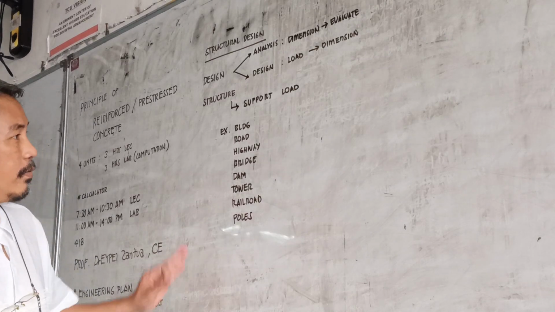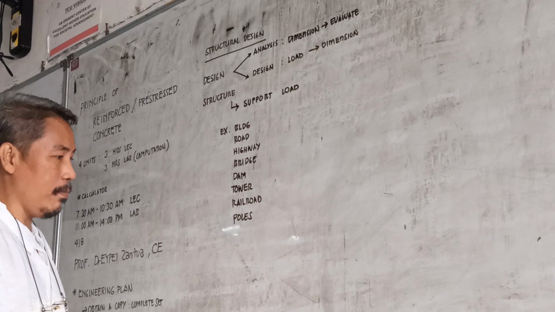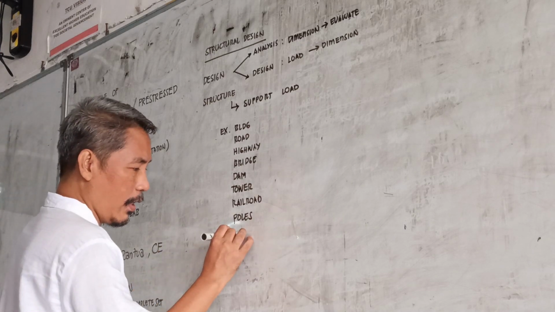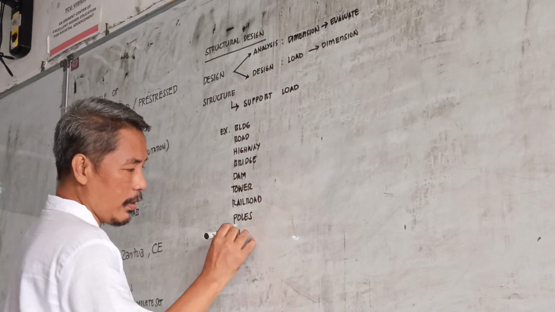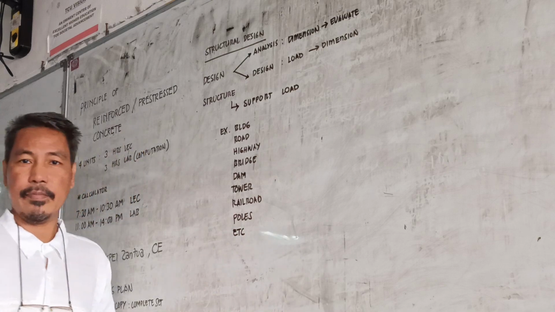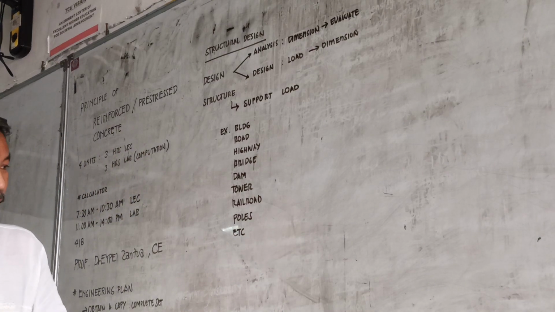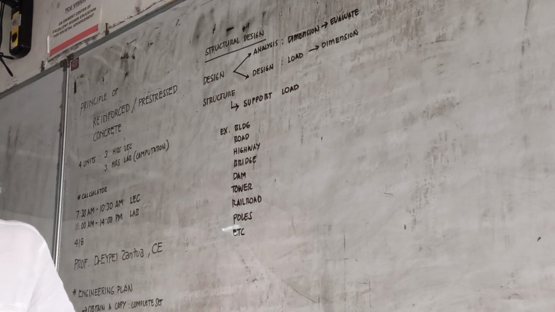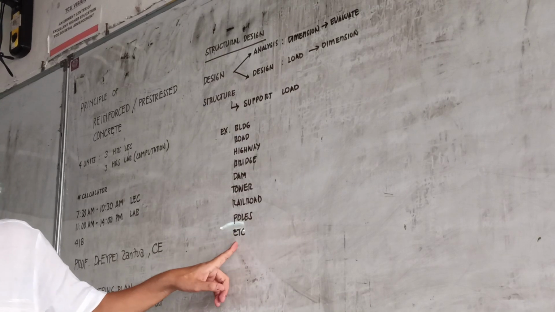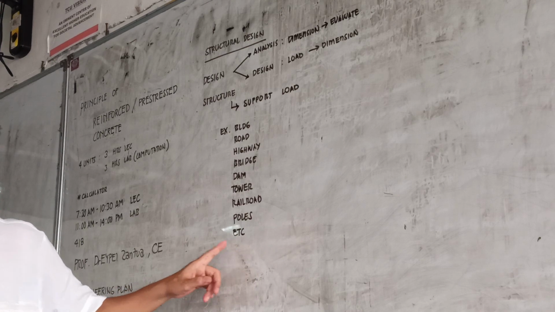Do we follow? Okay? These are some lists. So, there are so many things that we can think of, but I cannot in the moment. That's why I put etc. to show I am intelligent, but I'm not. Right?